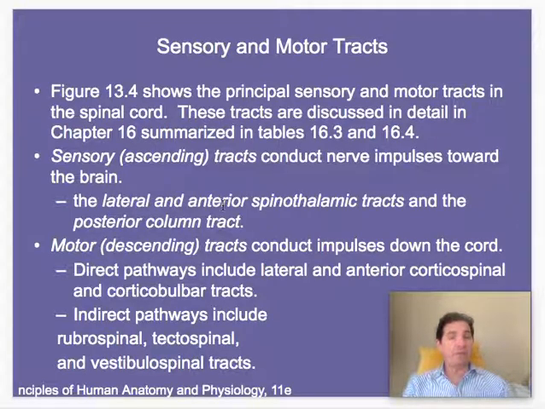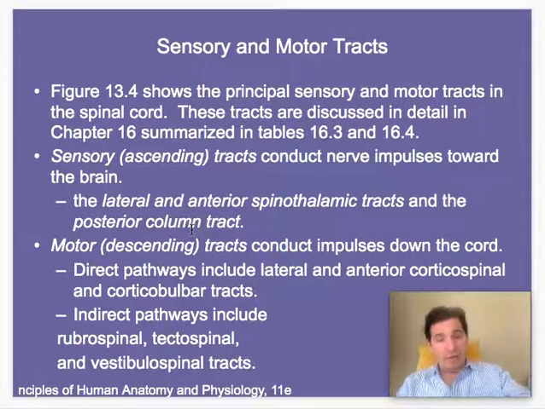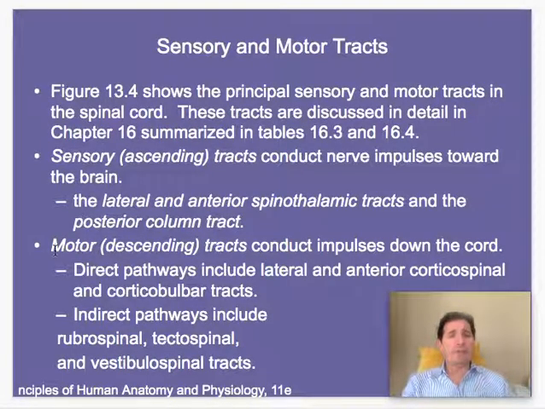So you have the lateral and anterior spinothalamic tracts and the posterior column tracts, which are sensory. And you have the motor tracts being direct pathways, which are the lateral and anterior corticospinal and corticobulbar tracts. And your indirect pathways are basically your rubrospinal, tectospinal, and vestibulospinal tracts.